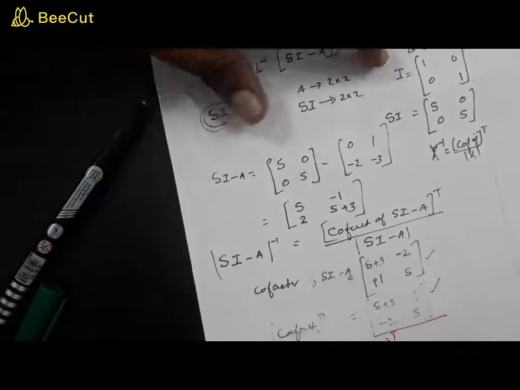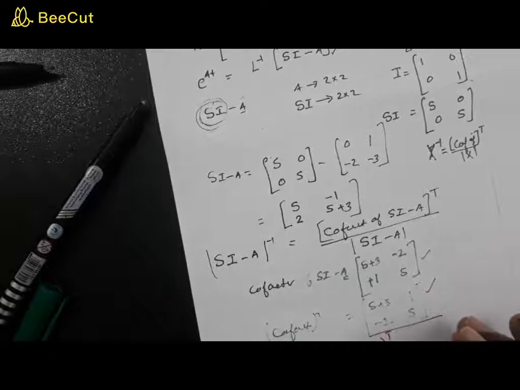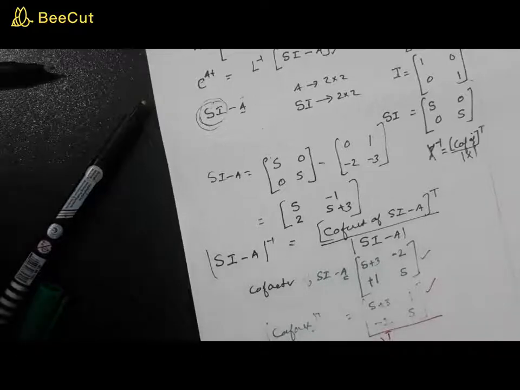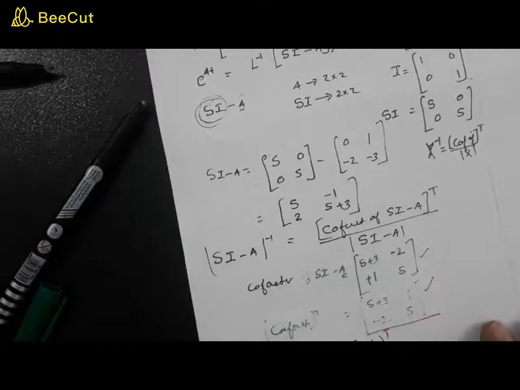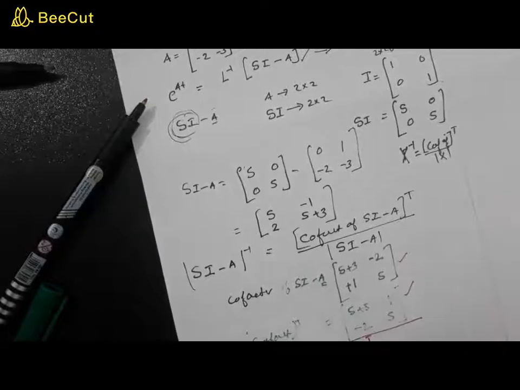So the determinant of SI minus A is S into S plus 3 plus 2. Okay, so the inverse is given like this.